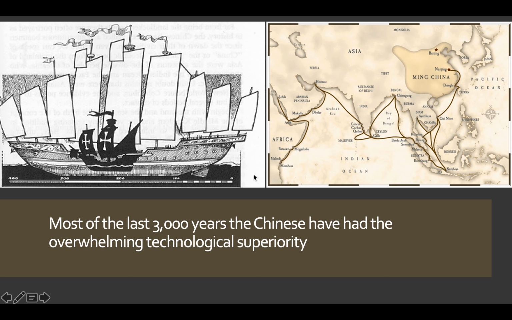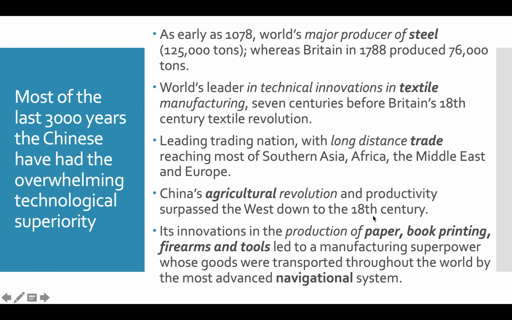And yes, this was the largest of the ships, but even the ships that carried water, and there were many, many ships that just carried fresh water, those were bigger than this silhouette you see here. So the Chinese had vast, overwhelming technological superiority. And if they wanted to, they certainly could have conquered vast spaces, as they again had the technological superiority.